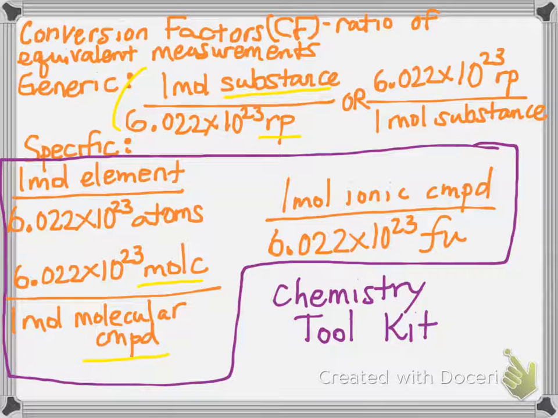So it's that same kind of idea with your chemistry toolkit. When you're struggling or when you're new at doing these problems, sometimes it's helpful to look at what your choices of tools are to decide what tool to use.